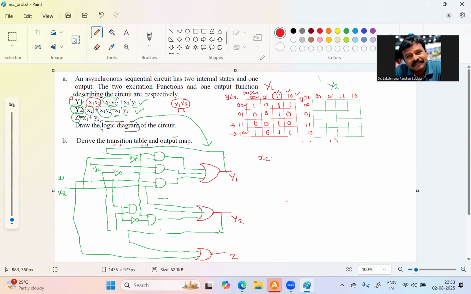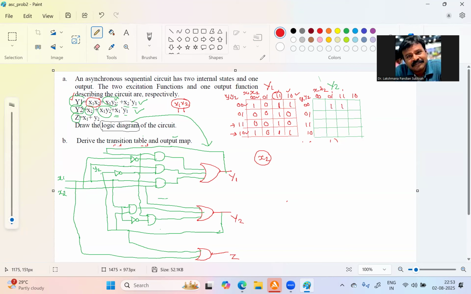Only a single variable, right? For that single variable, the other three variables are missing, so 8 entries should be there. Wherever x2 is 1, the corresponding column we have to fill with 1. So x2 is 1 here, in the second column and third column.